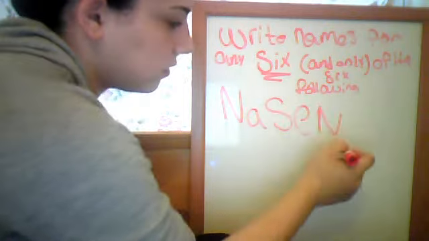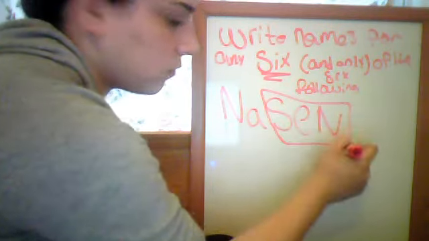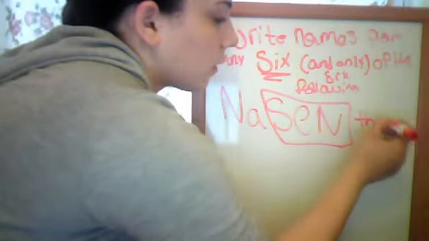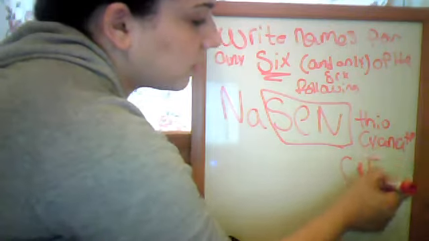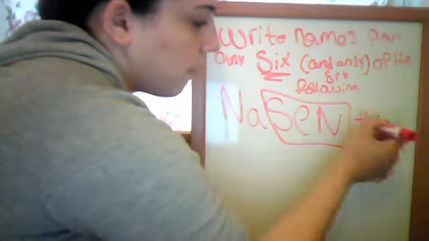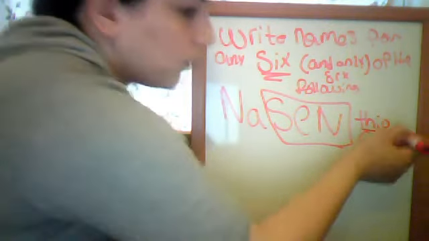Okay, this is a special name too. It goes cyanide. So cyanate. Okay, CN by itself, it's cyanide. With S, thio.